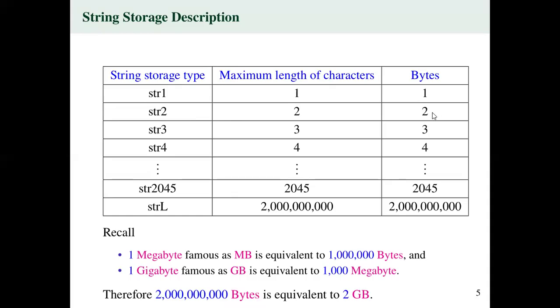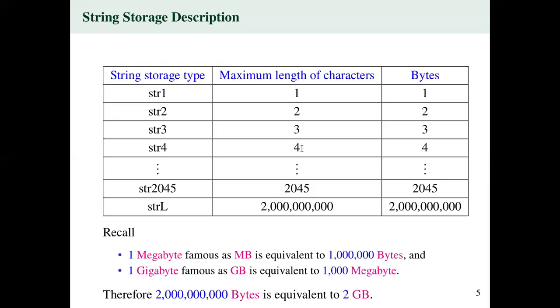And each time you add 1 more character, you consume 1 more byte, so 2 bytes. If it is a str4, it means you can hold up to 4 characters, like the word male, which is constructed by using 4 characters: M-A-L-E. But female is constructed by using 6 characters, F-E-M-A-L-E.